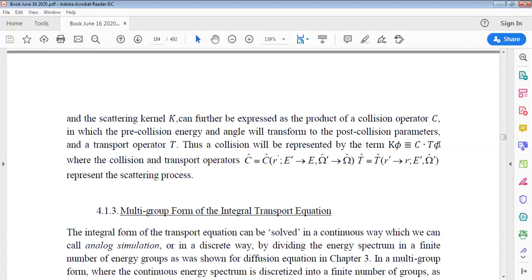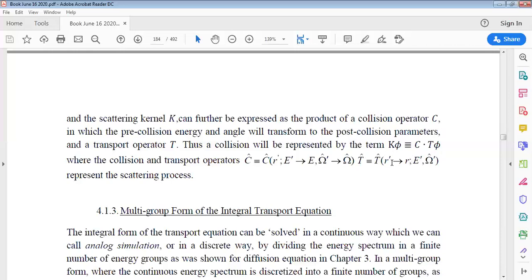So the first thing that's happening to a flux, a packet of neutrons, is that it is being transported at some energy E prime along some unit vector omega hat prime, and they're being transported from their present position R prime to some future position R after delta t time.